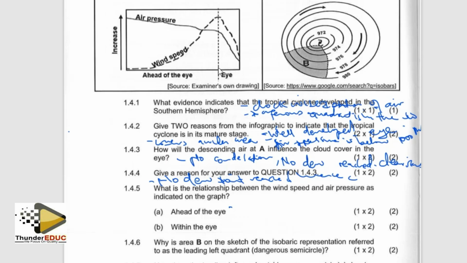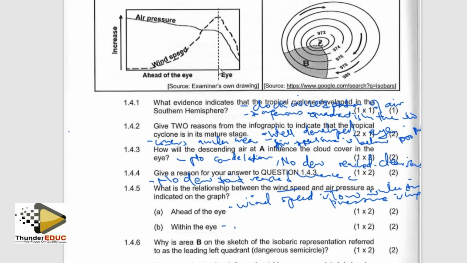So here we shall say that ahead of the eye, what shall we have? The wind speed is low, while the air pressure is high. That is the first relationship between wind speed and air pressure. So what about within the eye? What do you see here?